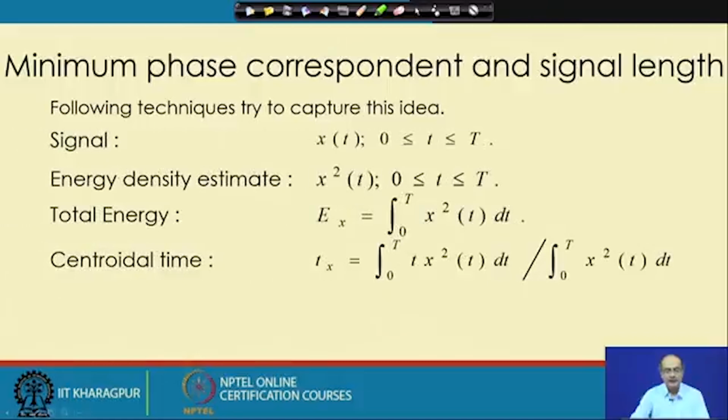Now, first here we get that idea of how that can be exploited. To capture these phenomena, what we do is first mark x(t) as the signal, taken for an interval 0 to T, and the instantaneous energy is taken by the square of it.